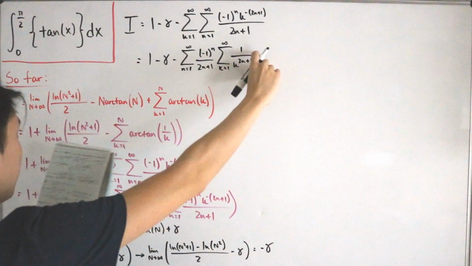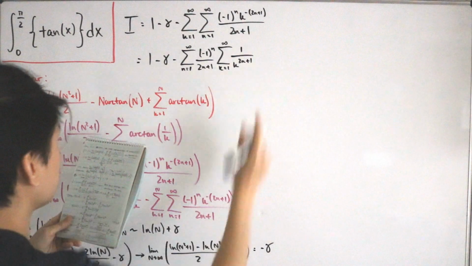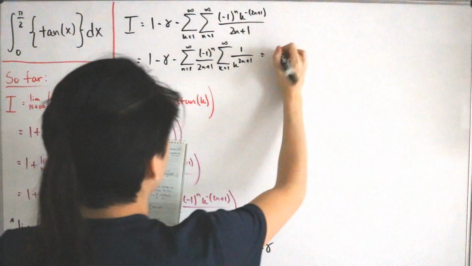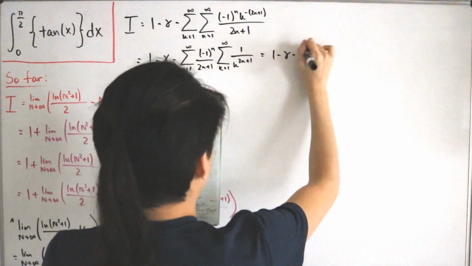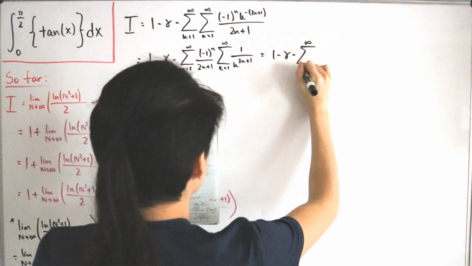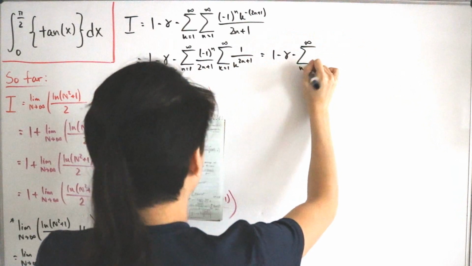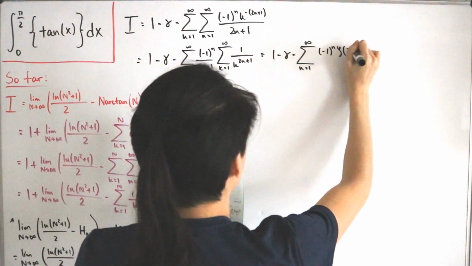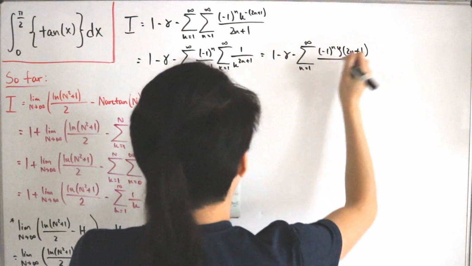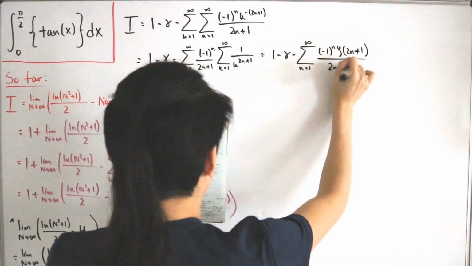You'll notice that this is the definition of the Riemann zeta function. Continuing, this is 1 minus lowercase gamma, then minus, now we're left with just a single infinite sum: n equals 1 of negative 1 to the power n, multiplied by the Riemann zeta function evaluated at 2n plus 1, divided by 2n plus 1.